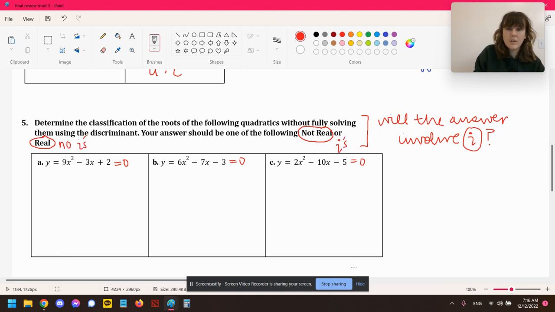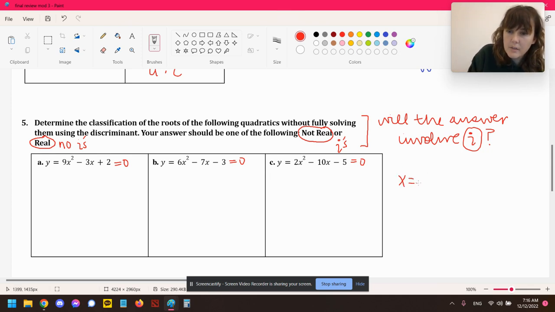Not real means there's i's in the answer. We could just solve these. We could literally just complete all the squares, set them equal to 0, solve for x, or use the whole quadratic equation, find the answers, and then look and physically see, does the answer have i's? No, that's a real answer, right? It's too much work, though. It's absolutely too much work.